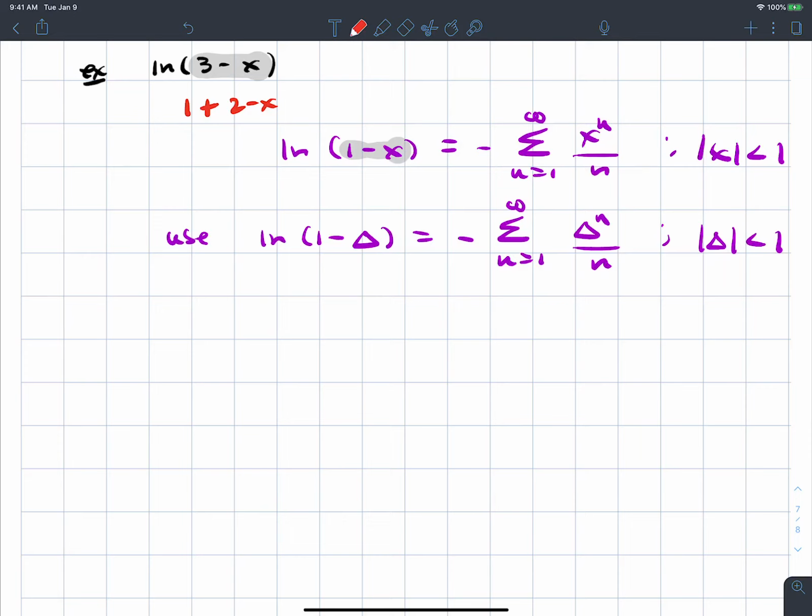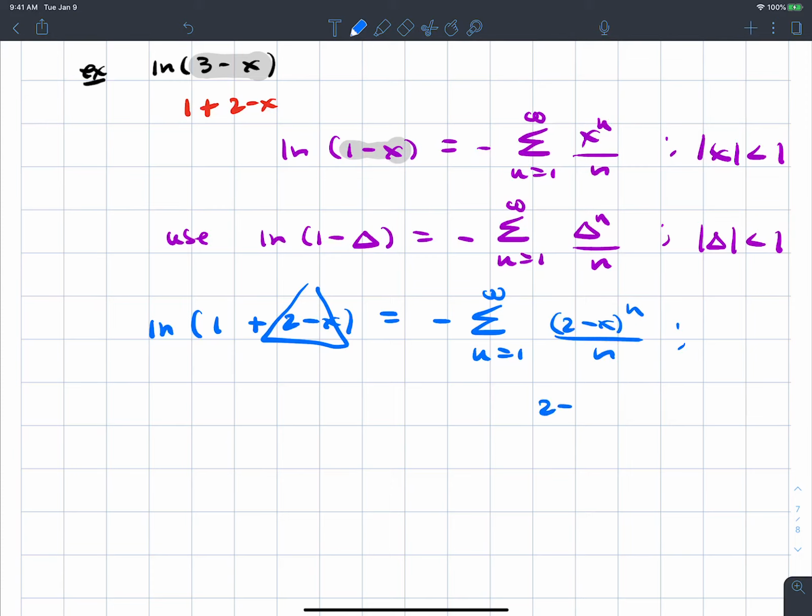So if I wrote it this way, the natural log of 1 plus 2 minus x, where what's in my triangle now is the 2 minus x, is minus the sum, n equals 1 to infinity, 2 minus x to the nth power over n, where 2 minus x in absolute value is smaller than 1.